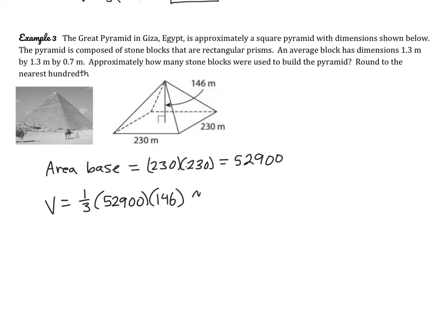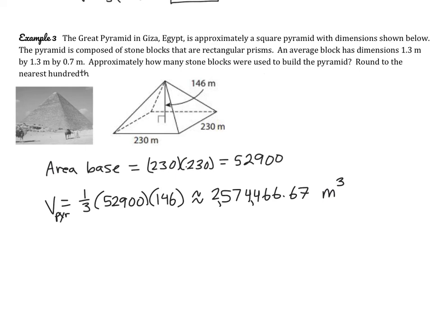So the volume of our pyramid, and I'm going to round again to the nearest hundredths, would be 2,574,466.67. And of course, this will be meters cubed.